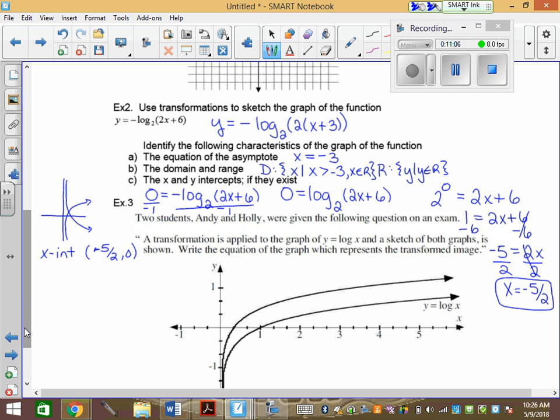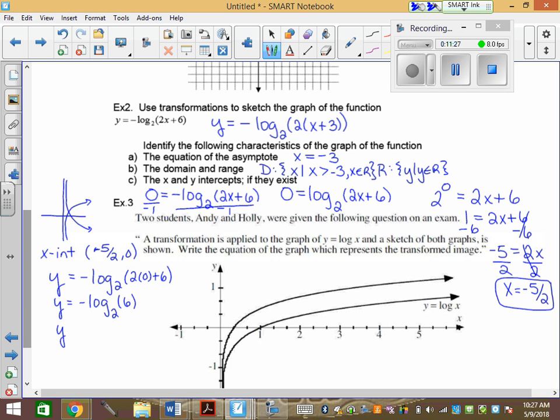My y-intercept, I'm going to plug 0 in for x. This one's easier, right? So you're going to have y equals negative log 2 times 0 plus 6. Y equals negative log 2 of 6.